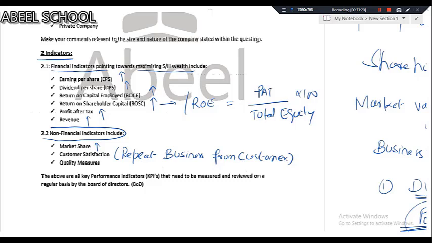Let me give you an example of this customer satisfaction. I have heard people saying this: if you just use an Apple iPhone once, after using it, you will not like any other smartphone at all.